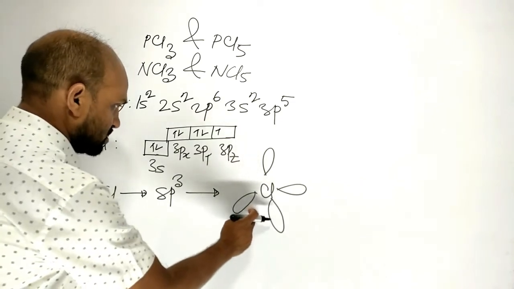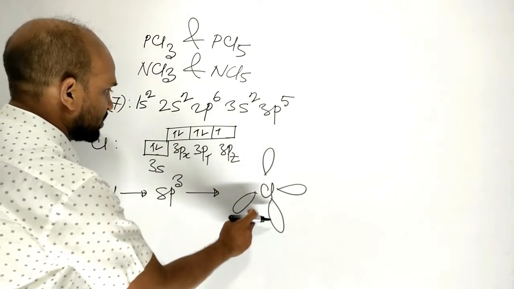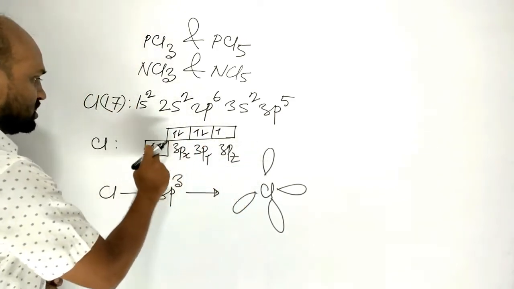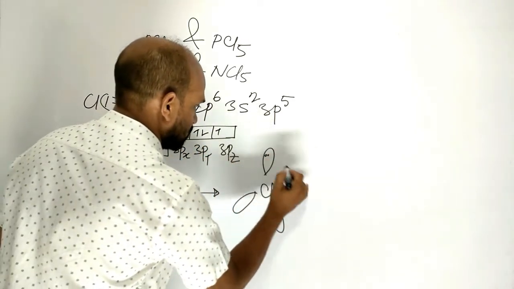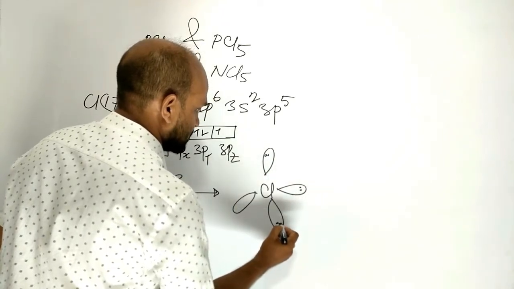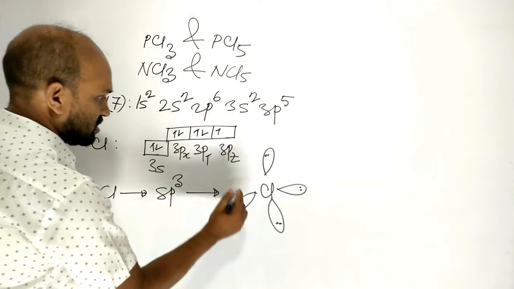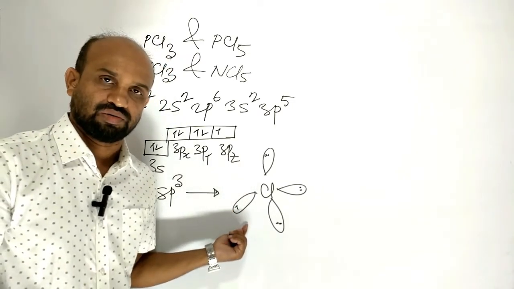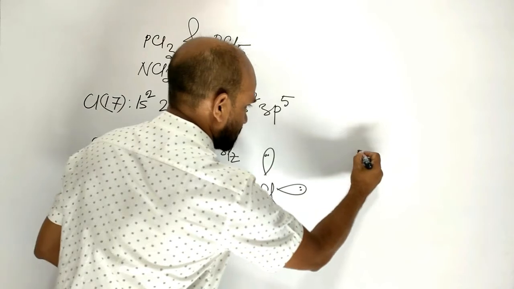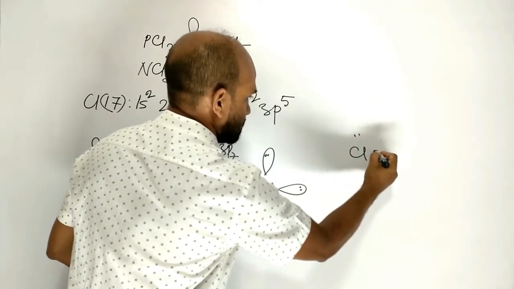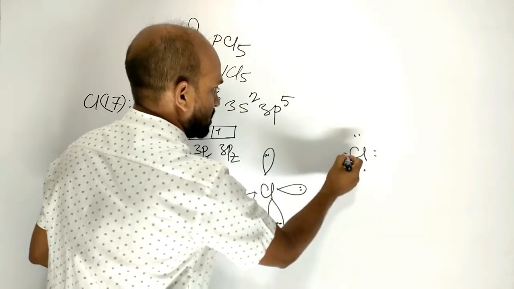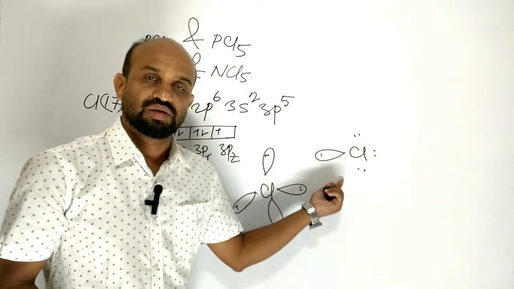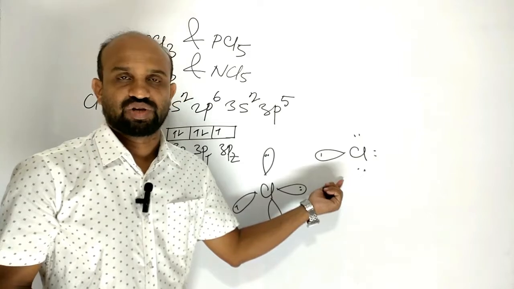So these 4 orbitals are hybrid orbitals. Out of these, 3 orbitals carry 1 pair of electrons each, and another orbital carries the unpaired electron. Simply we can write that chlorine has 3 pairs of electrons and 1 unpaired electron that remains in an sp3 hybrid orbital.